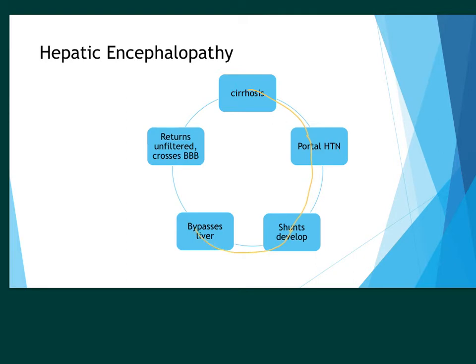It then passes into the systemic circulation, not filtered, returns into the body and reaches the blood-brain barrier. Where it crosses the blood-brain barrier, the main culprit being ammonia. And as the ammonia accumulates, this alters the patient's level of consciousness, often putting them into a coma. This is often a terminal complication.